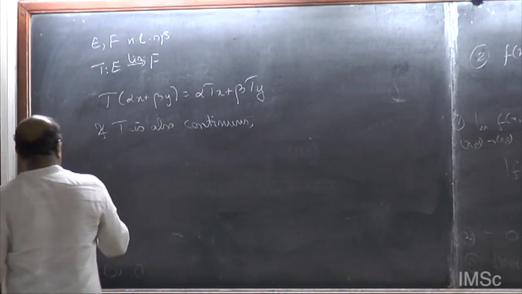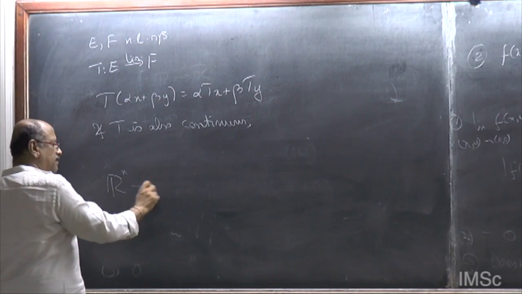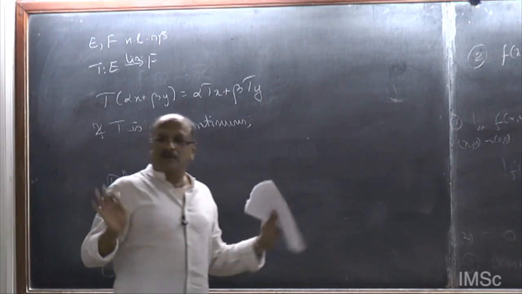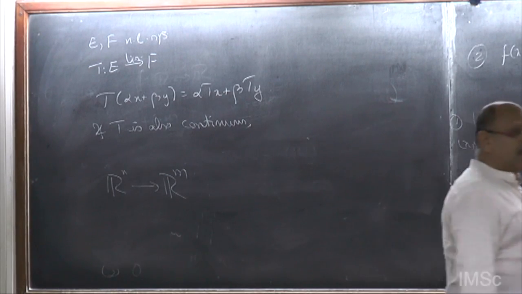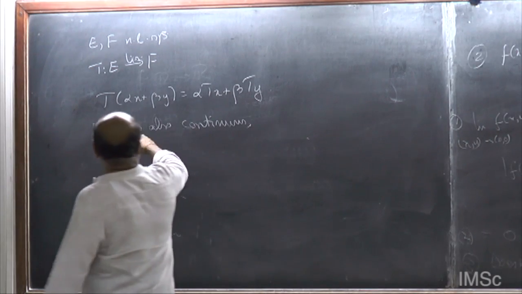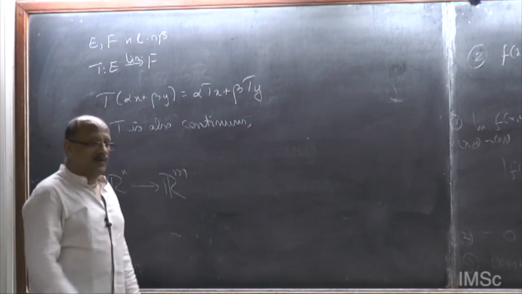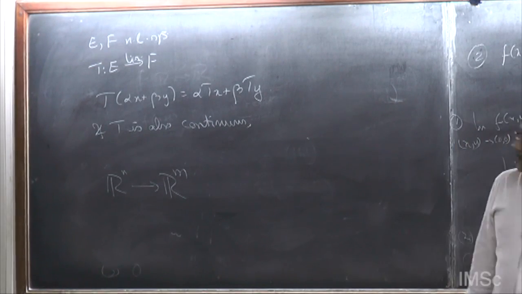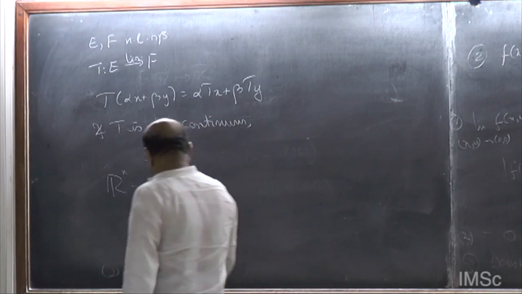Good news is, if you take Rn to Rm, any linear map is continuous, so you don't have to worry. This is only if you are looking at infinite dimensional spaces. So if you are not interested in that, forget about it, think of this.